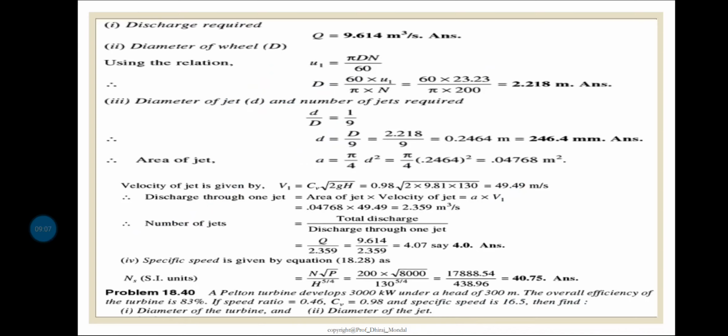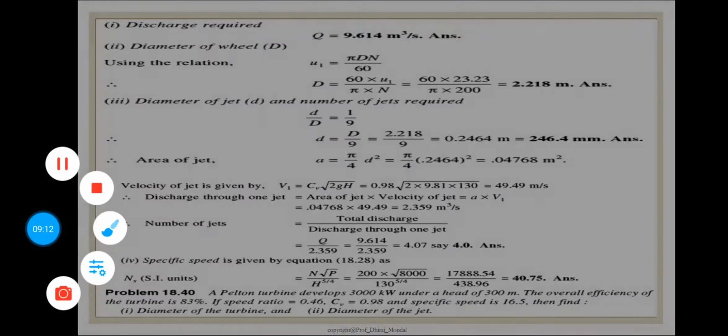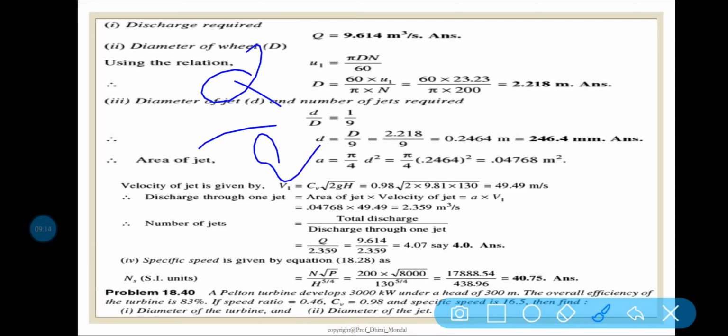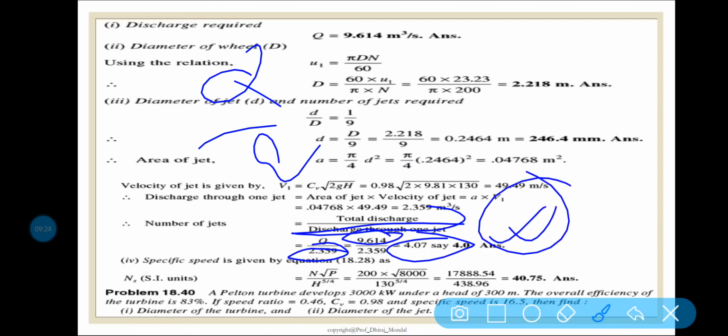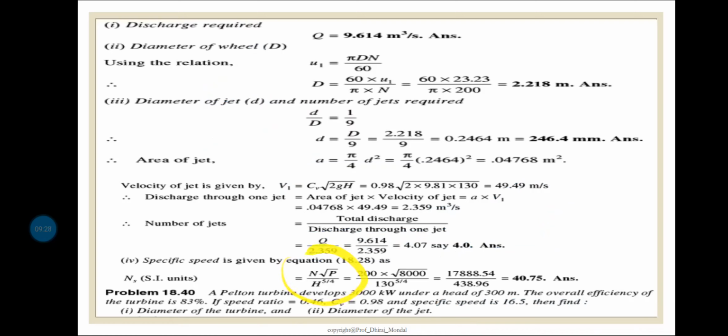In the last slide you can see here basically discharge, number of jet, how you can calculate: total discharge by small q, and discharge through the jet is equal to 2.3, and total discharge is 9.6. So 4.07, or 4 jet, number of jet needed, that is your 4, and specific speed is equal to N root P by H to the power 5 by 4. So put the value, you will be getting 40.75. That means it is one kind of Pelton wheel.